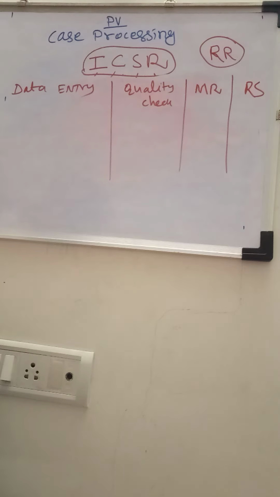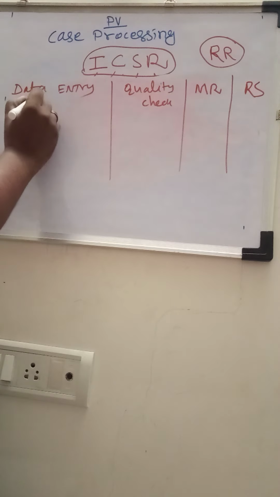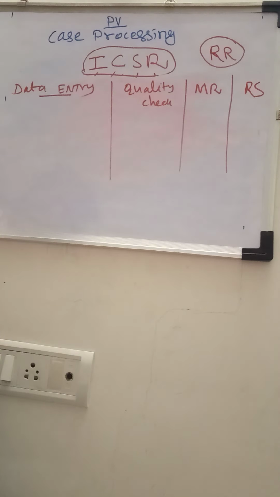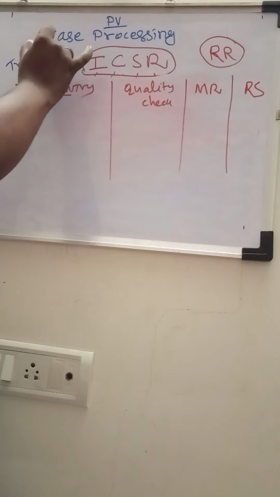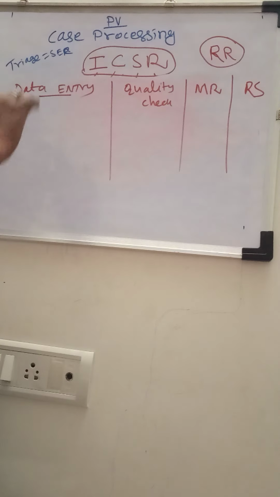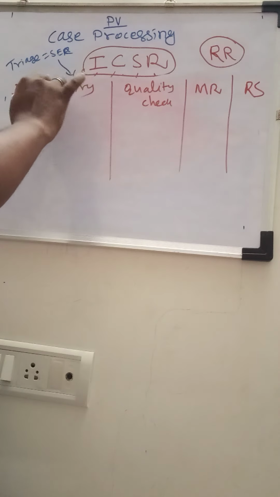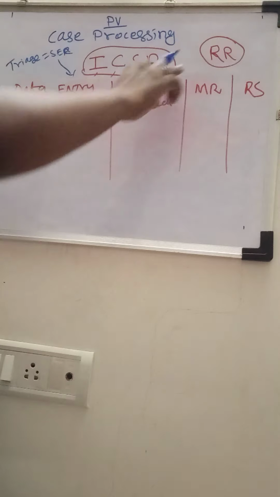The main action for data entry is that they first perform basic fundamental clearance after the triage. As I said in my last video, triage equals SIR, if you see my previous video. Once this is performed, they go for the full-fledged activity to complete.